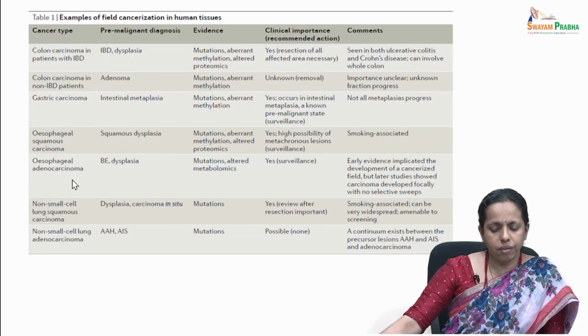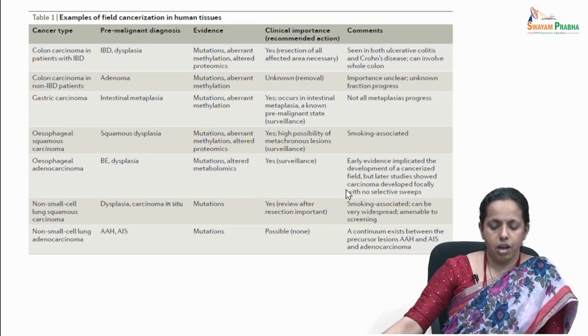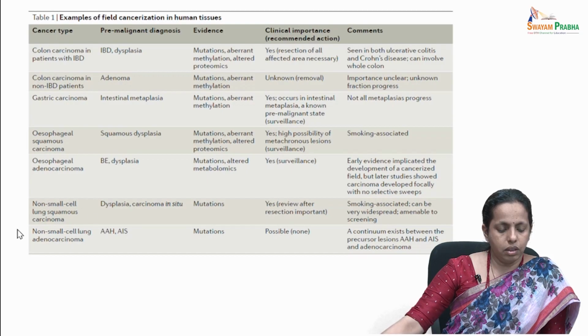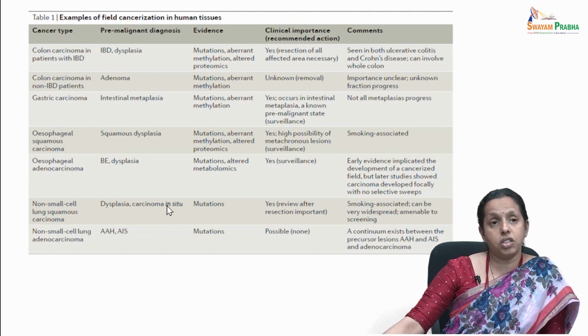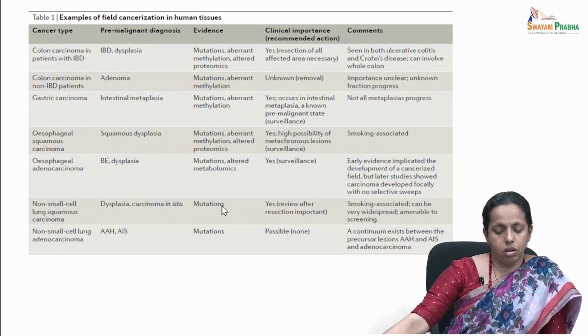And similarly, you have the esophageal adenocarcinoma, which has high evidence of being implicated with development of a cancerized field. Then with the lung, the non-squamous cell lung carcinoma, where the lung adenoma, you have your dysplasia. Then again, you have the carcinoma. There's a change in the morphology of the tissues. Then yes, a lot of mutations, which we'll discuss in the coming session, or in this particular session.